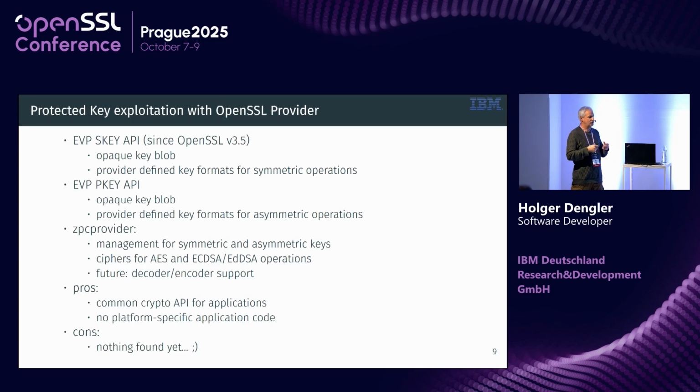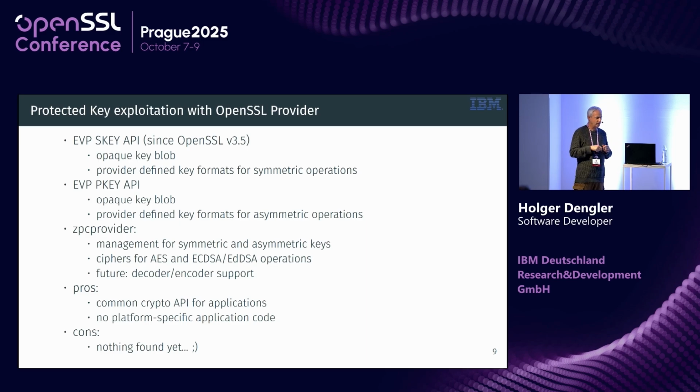So it's just running on every Linux platform using OpenSSL, and it can be compiled for x86, for ARM, for RISC-V, and also for S390X, and can run on all platforms with normal clear key, and especially on our platform also using the feature with the hardware-backed keys.